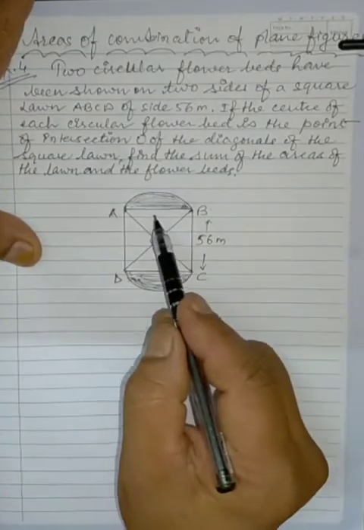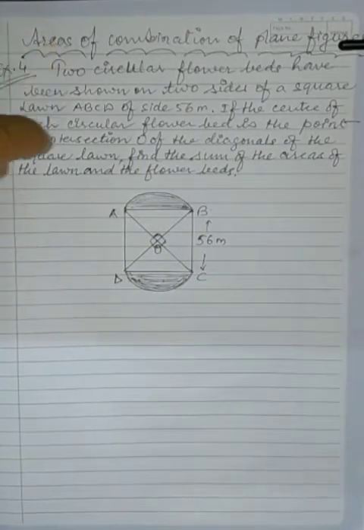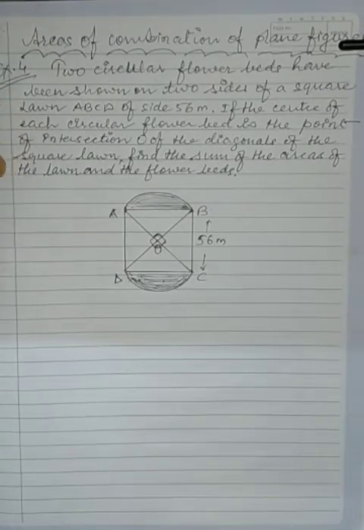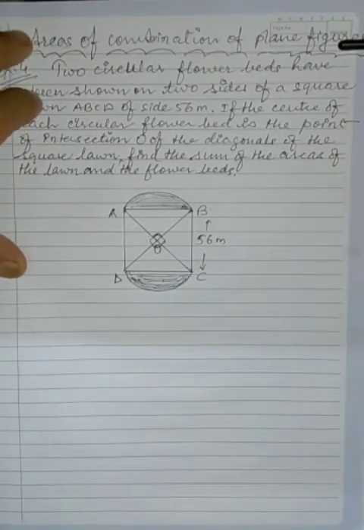So if we have to find the areas of flower beds, that means we have to find the areas of two segments with the angle 90 degree. And to find the area of the lawn, we have to find out the area of the square.